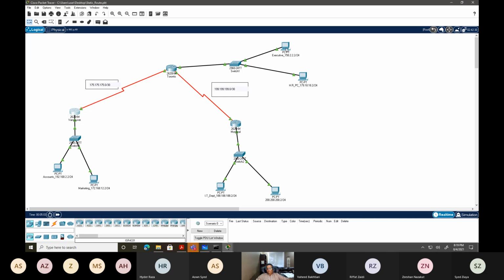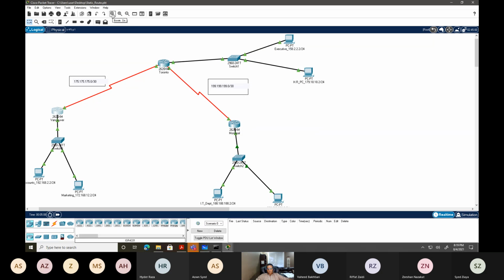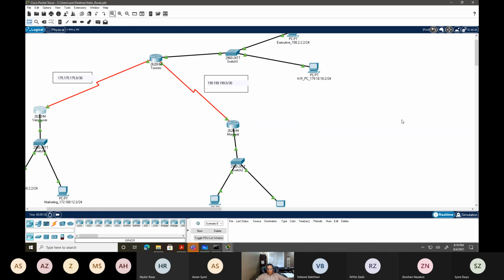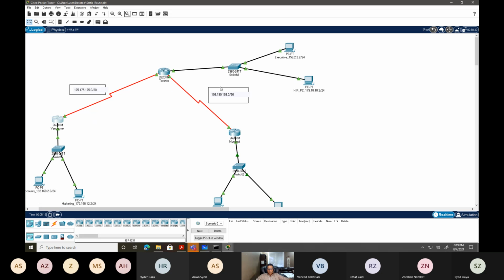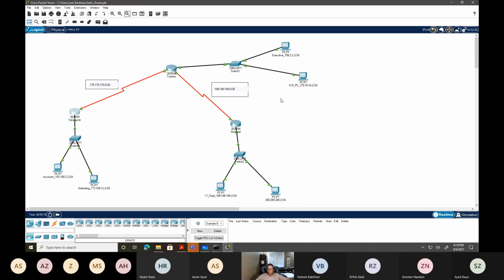What I was trying to say is between the PC and Toronto router, since the Toronto router is working as a default gateway, both IPs should be in the same network. From the Toronto router, you're using a static route and sending to the next one, Montreal.